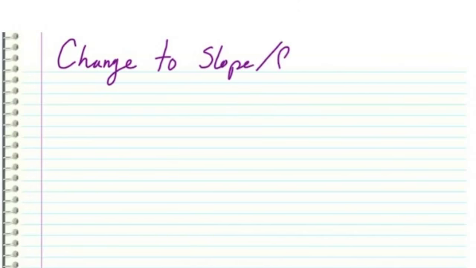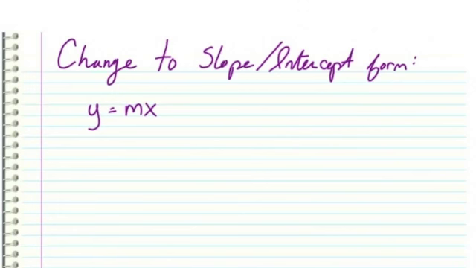Changing to slope-intercept form. Slope-intercept form is equal to y equals mx plus b.